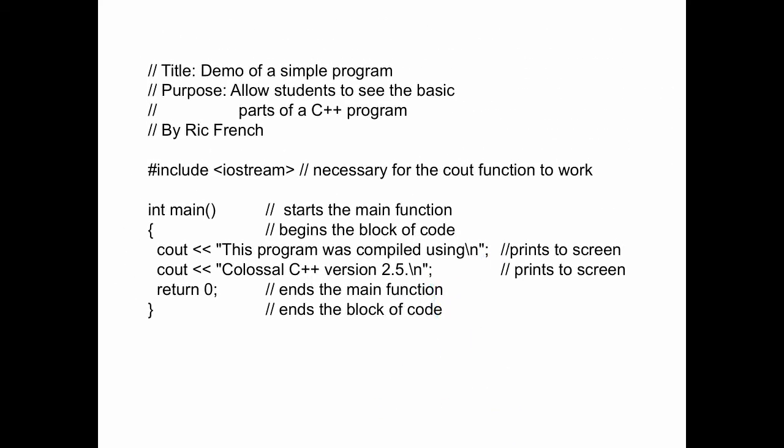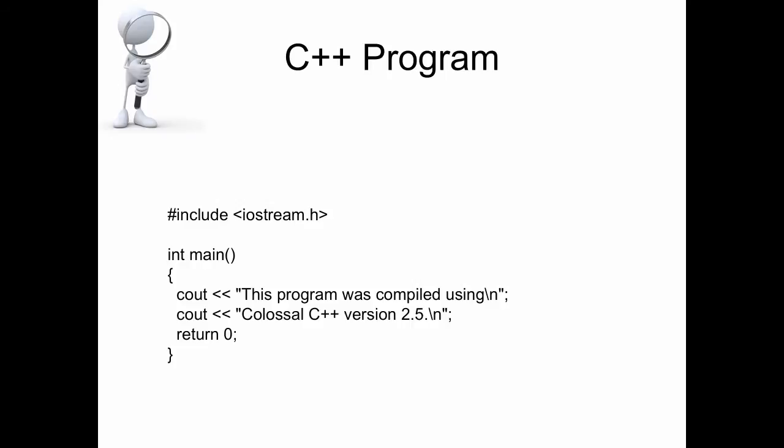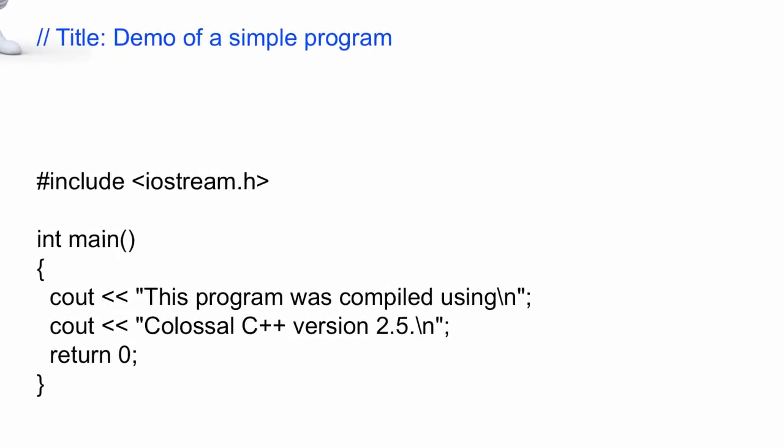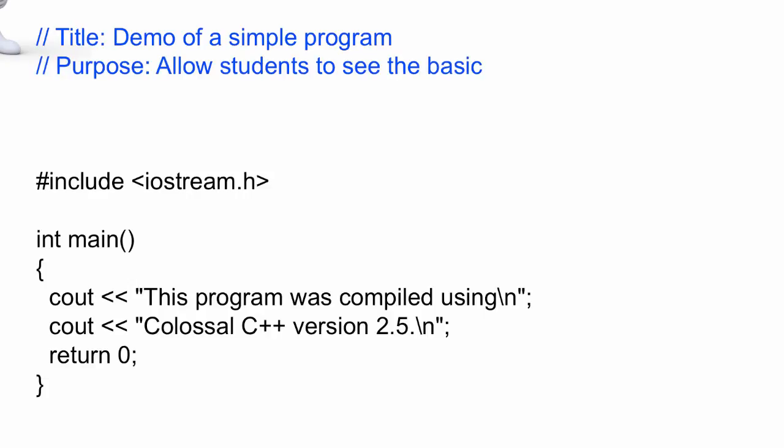So let's talk a little bit about the commenting, or the internal documentation, for a C++ program. It's always going to start with a //. So I'm going to say // and tell you the title of the program. This is a demo of a simple program. And I'm going to put another // because I want to explain a little bit more. The purpose of the program is to allow the students to see the basic parts of a C++ program. It starts with a // and I spaced over.